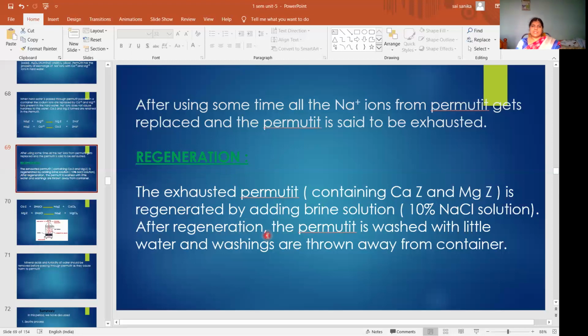After regeneration, the permutit is washed with a little water and the washings are thrown away from the container. So when 10% NaCl solution is passed into the exhausted permutit, what are the reactions taking place?